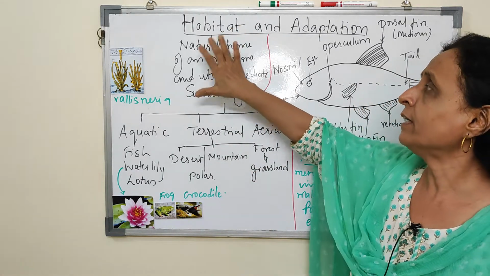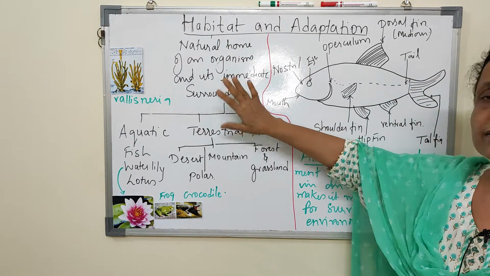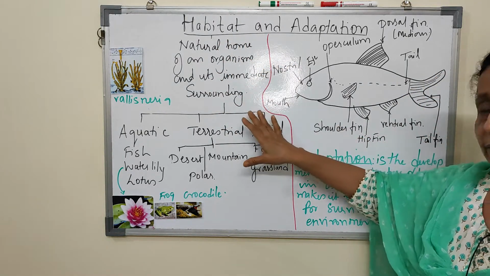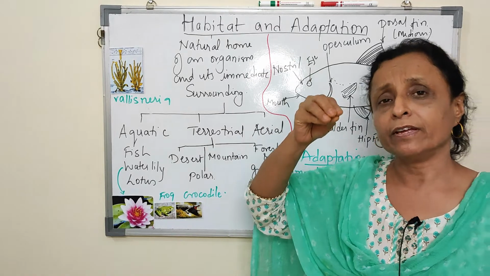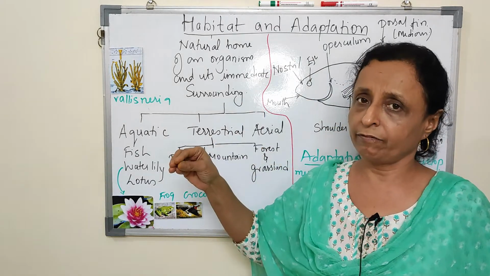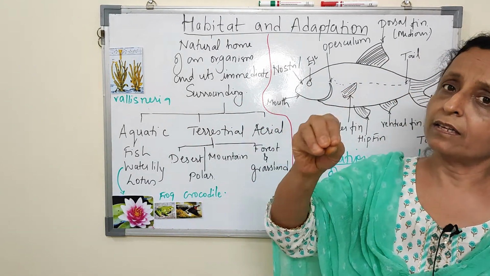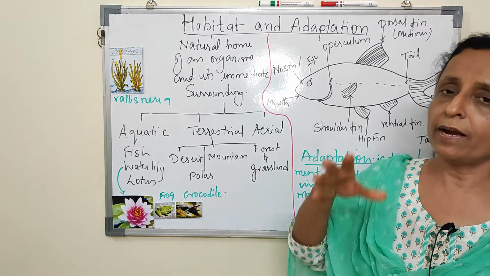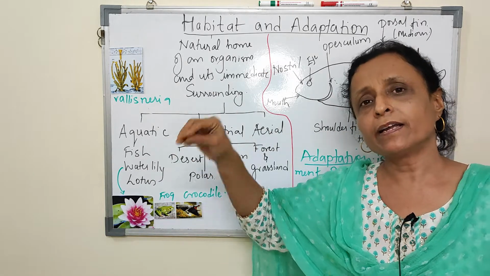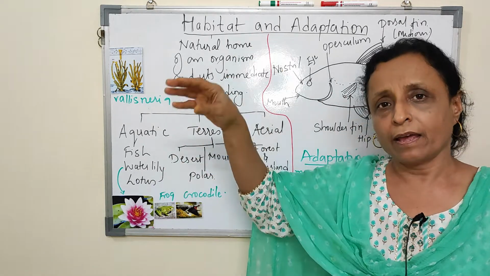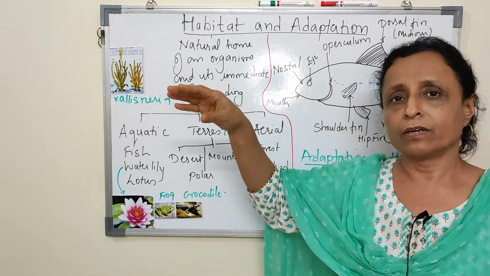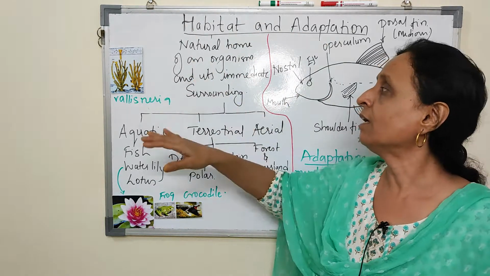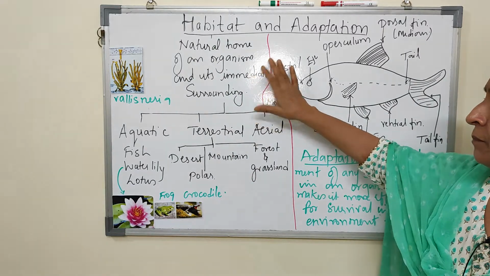So habitat is the natural home of an organism and its immediate surrounding, and it will have various biotic and abiotic factors. Biotic is other living organisms, and abiotic is soil, air, temperature, water, moisture, all these are abiotic factors.